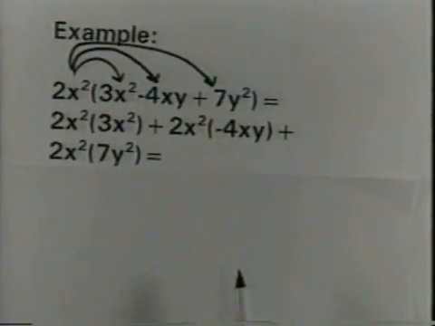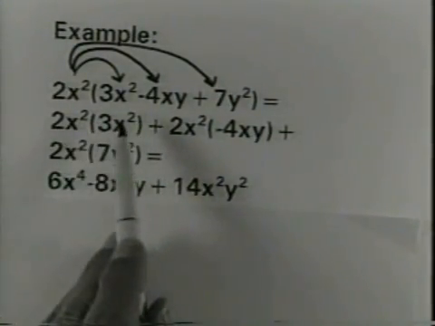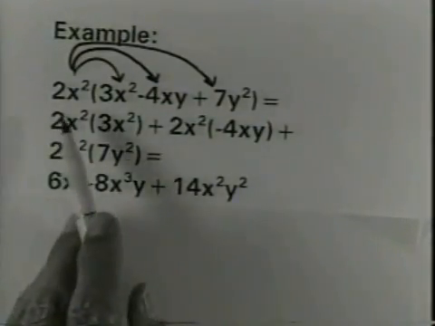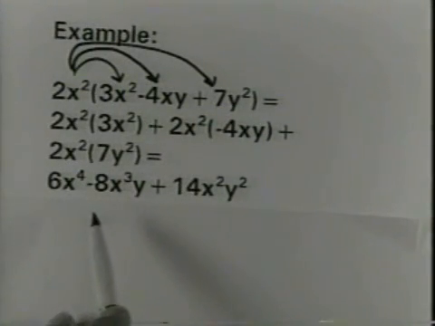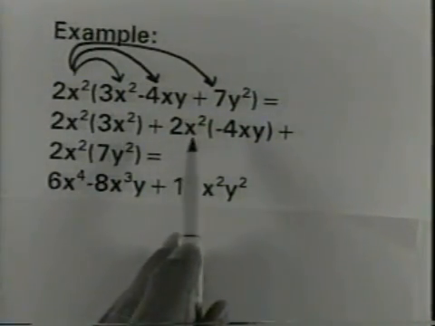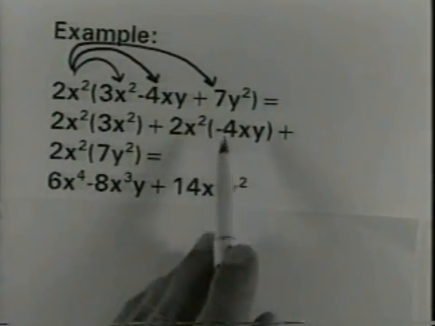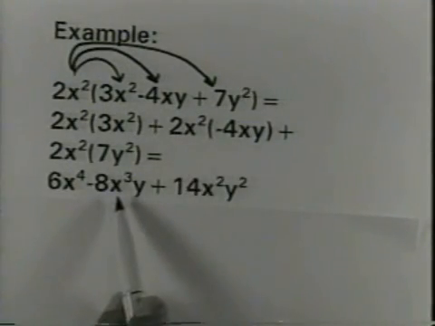Now we're going to actually do the multiplying. When I multiply 2x squared times 3x squared, I get 6x to the fourth. 2 times 3 is 6. X squared times x squared is x to the fourth. I'm multiplying 2x squared times the negative 4xy. 2 times the negative 4 is negative 8. X squared times x is x cubed.